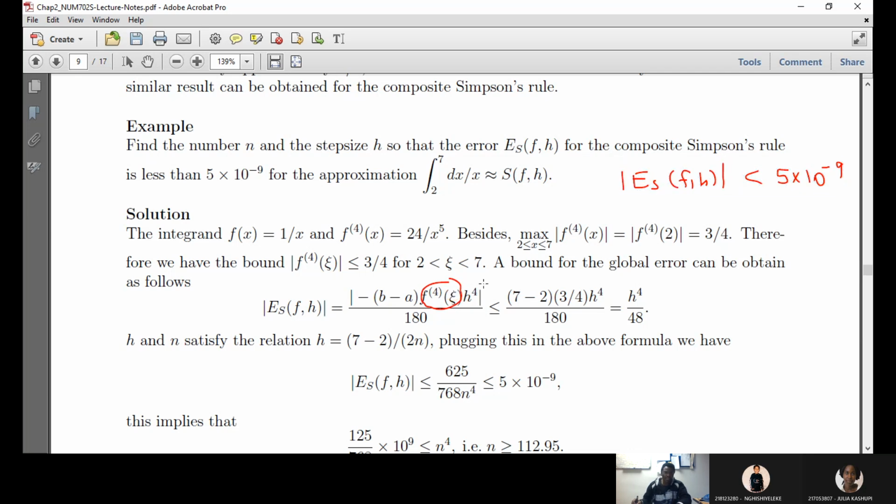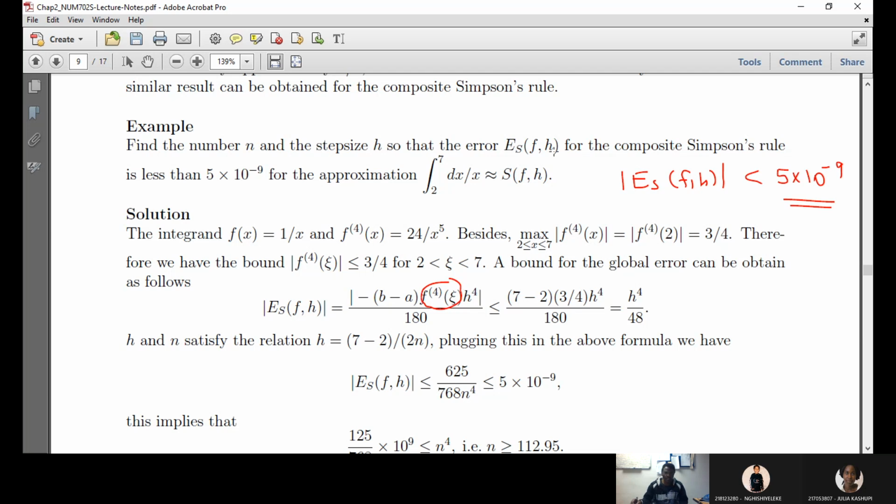So the best way to proceed is always to find an upper bound of the error term before you impose this condition. Because if the upper bound is less than this, automatically the error term will be also less than that, and therefore I'll be able to get the value of n. I hope it is clear. If you don't understand, let me know, I will repeat.